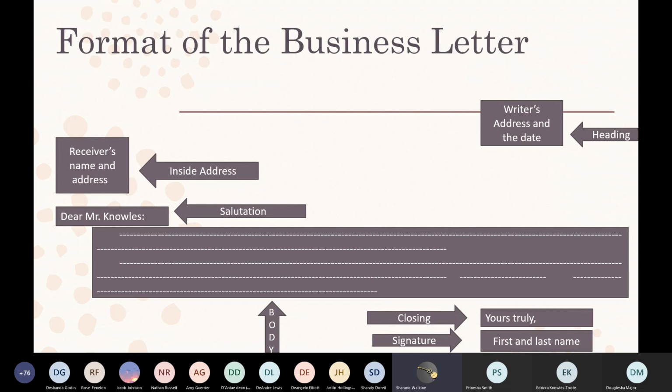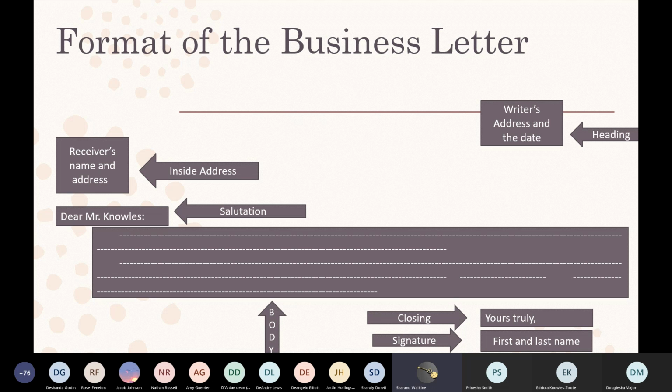Okay, format of the business letter. We have the writer's address and the date, then the receiver's name and address, the inside address. Notice that when we're writing to a Mr. Knowles, we don't just say Jack Knowles or Myron Knowles. We say Mr. Knowles because the tone is formal.